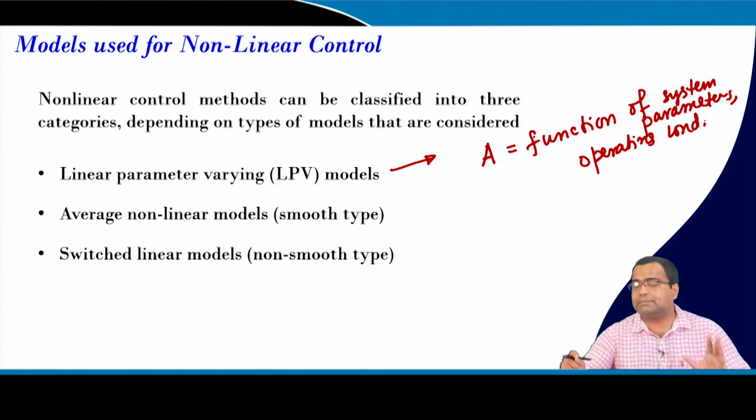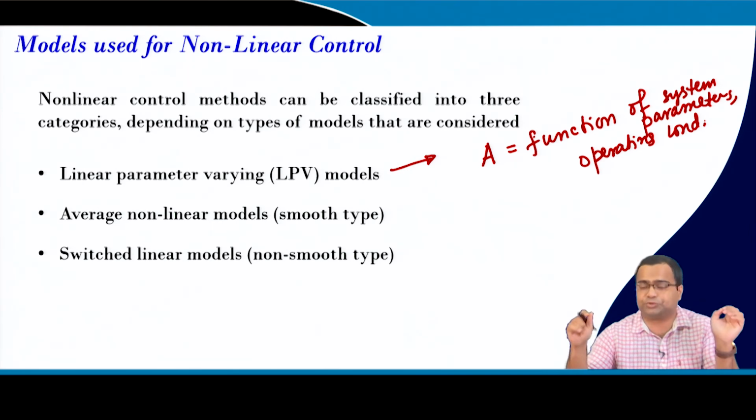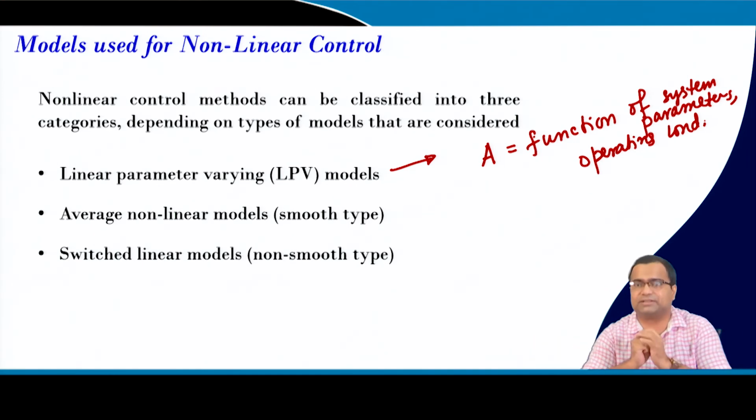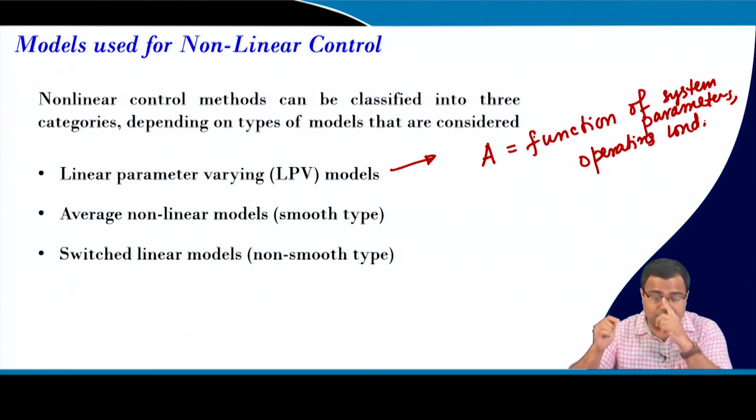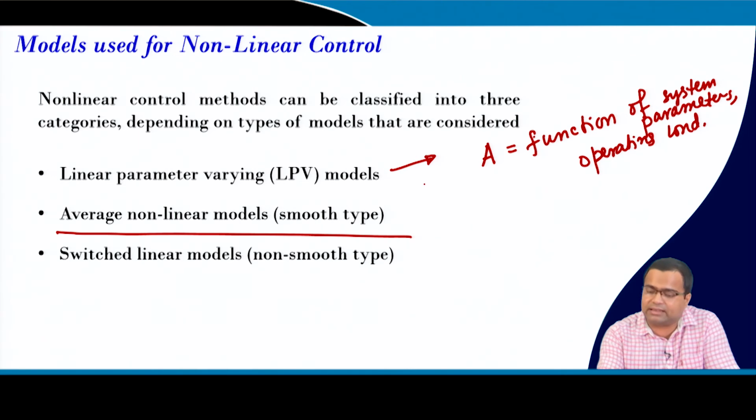Now, you can ask me, system parameters are generally L and C, and operating conditions are the load resistance and the duty ratio, because that changes with the load current, and the change in input voltage. We also discussed the average nonlinear model, where we directly obtain x tilde dot equal to A into x tilde.